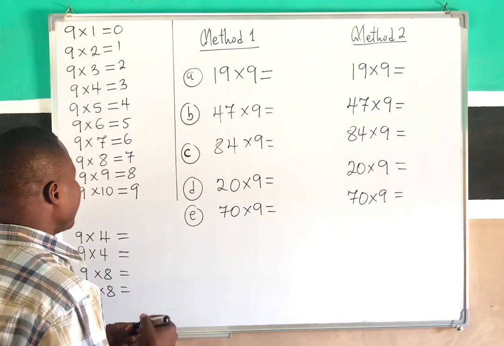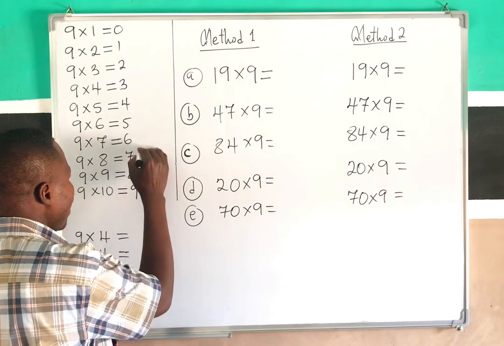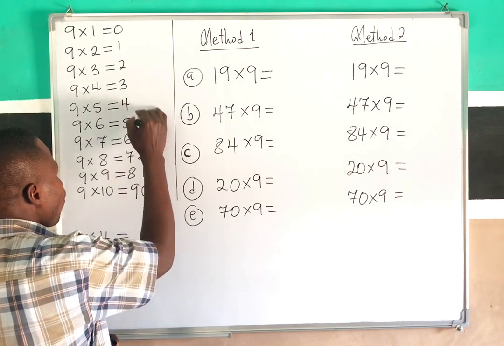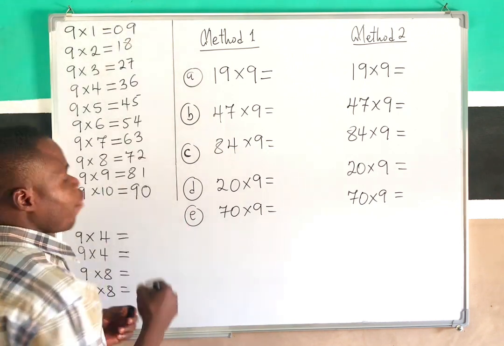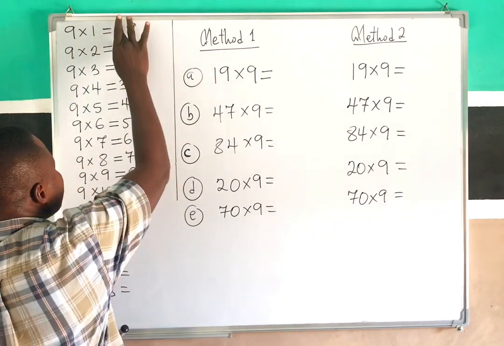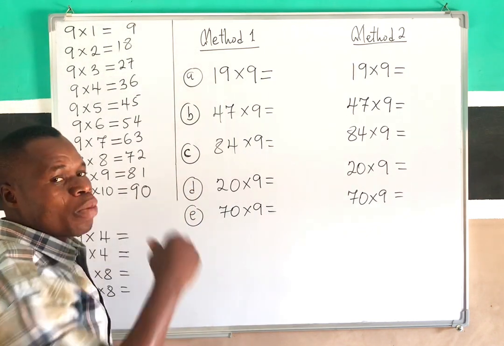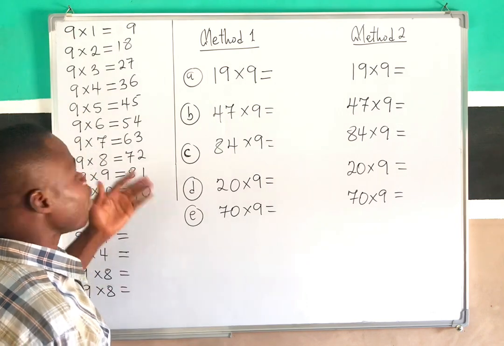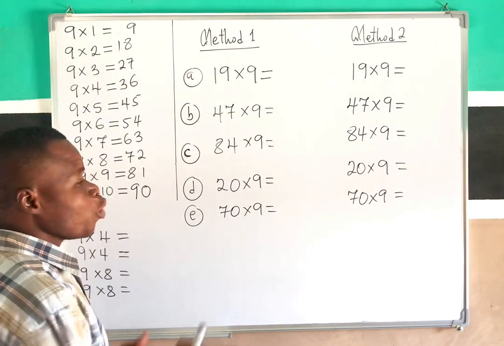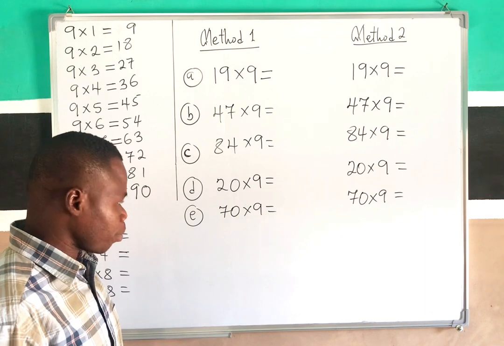By reversing the numbers, I'll start with 0, 1, 2, 3, 4, 5, 6, 7, 8, 9. After this, you clean this 0 because 0 does not begin a number in mathematics. So this is the multiplication timetable of 9. And this is how you can write it without any stress.